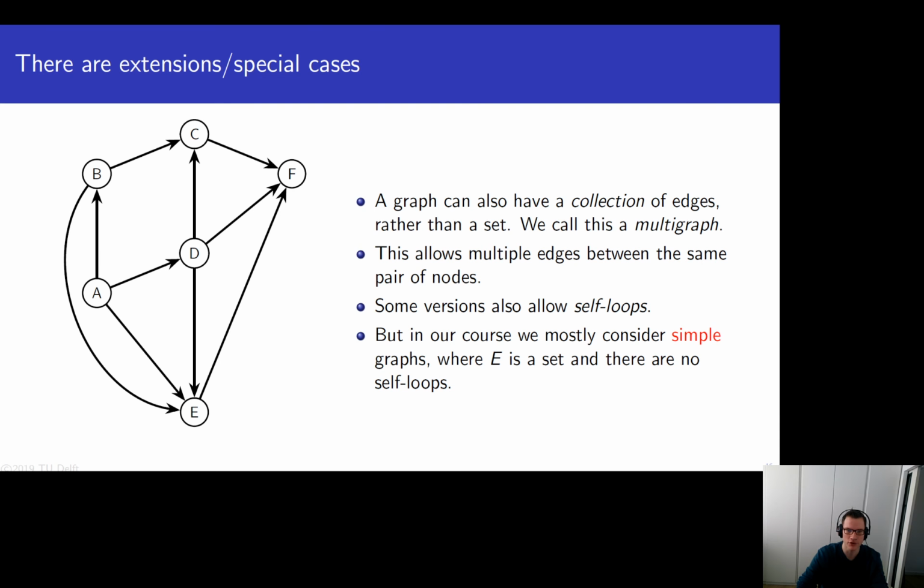That's where E is a set, meaning there can be at most one directed edge between the same pair of vertices. We could go from D to F and from F to D, but we can't go from D to F twice. And we also consider no self loops. So we call these simple graphs.